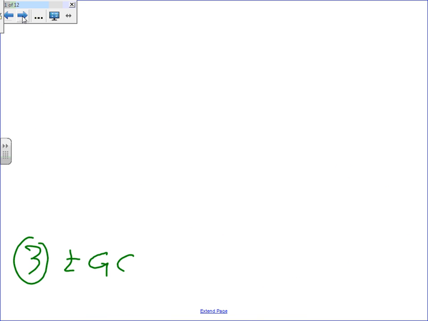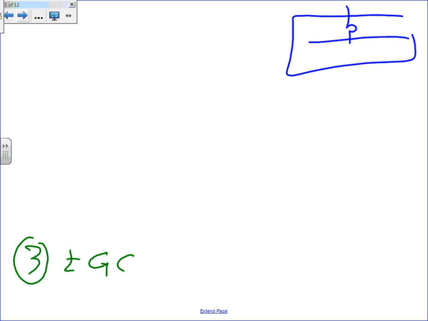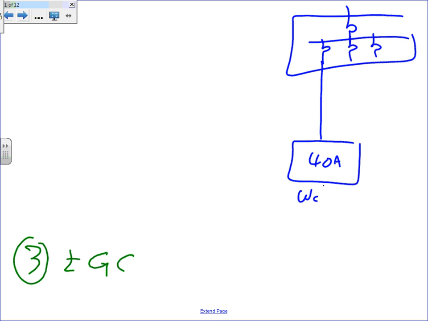Okay, now before we go, guys, I'm going to take you to the same example that we just did. Here's my panel, and here's my overcurrent protection device coming all over. This is one of them, to my 40 amp welder. Now this is a resistance welder, and first it was 80 amps.